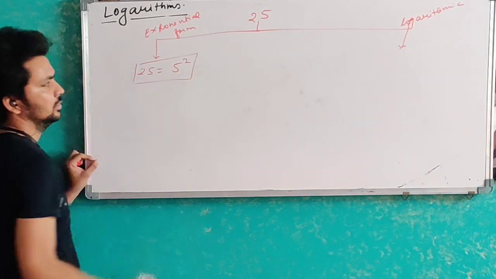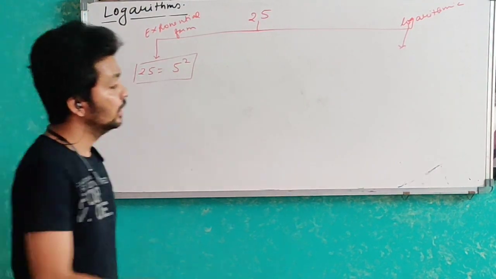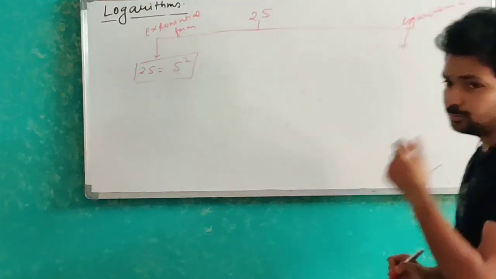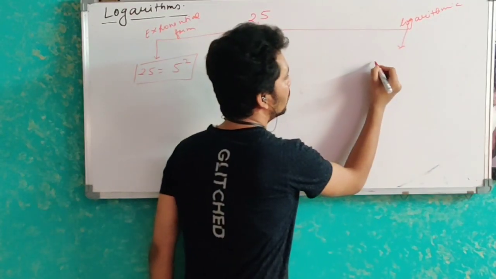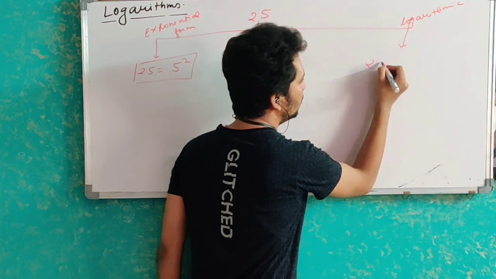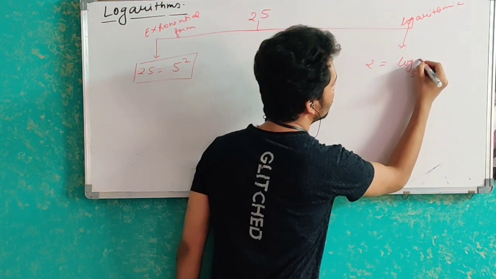Simply we can write this. In this we don't have any problem because 5 raised to 2 is 25. Now using logarithms you can also write it: 2 is equal to log base 5 of 25.